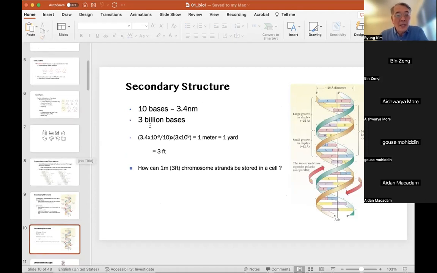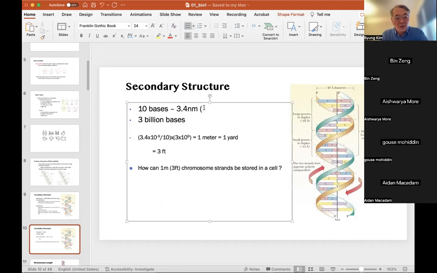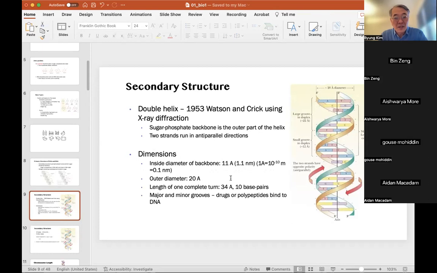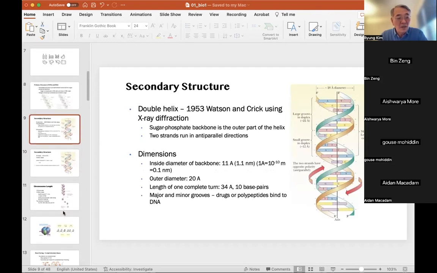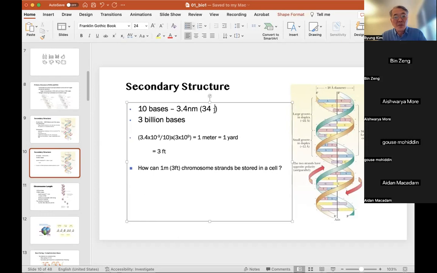So you have 10 bases for 3.4 nanometers, or basically 34 angstrom. They usually put a circle on top of the letter A, so that's the symbol for angstrom.